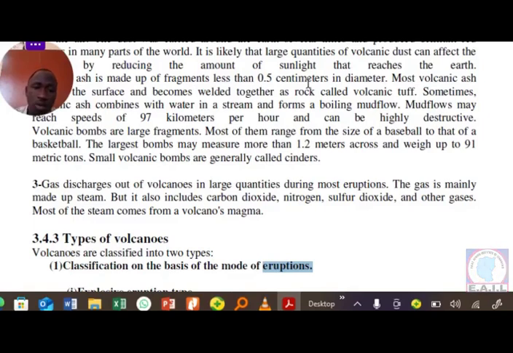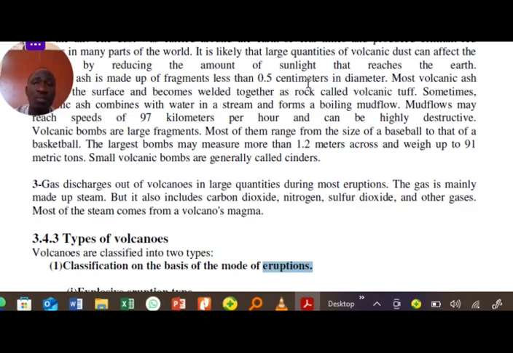Last time we were looking at the Earth's interior. We looked at various things concerning the Earth's interior, whereby we talked about the internal structure of the Earth. We talked about various aspects in terms of layers, whereby we talked about the Sial. We talked about the Sima.